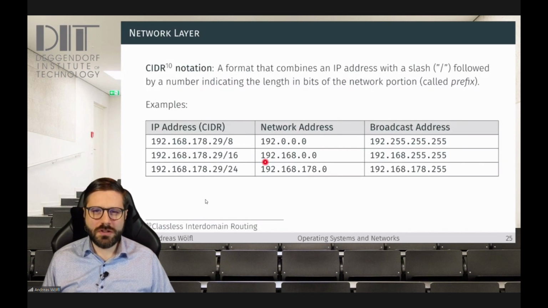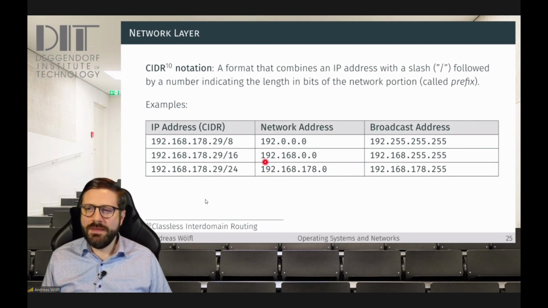And then last time we talked a lot about subnets and the CIDR notation, the way we combine two pieces of information: the actual IP address itself, but with an IP address alone you cannot determine how long the network portion is. To tackle that, we have the CIDR notation, classless interdomain routing. The CIDR notation separates the actual IP address with a slash from the number of bits in the network portion, which we also call the prefix.